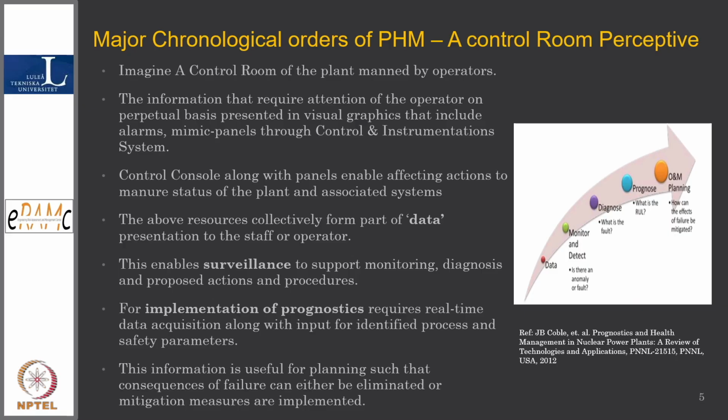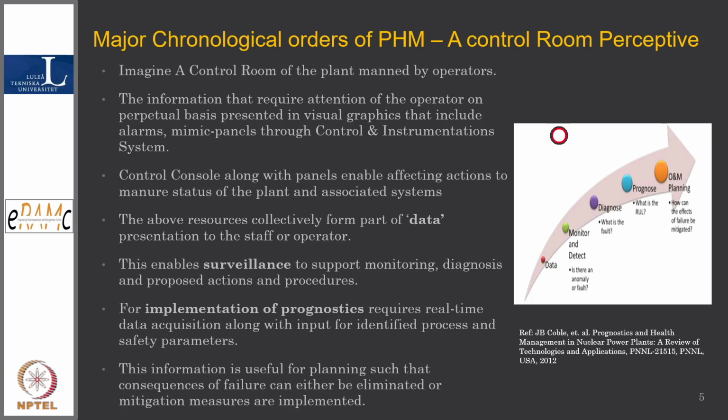Now, if you see the chronological order of PHM, or diagnostics and prognosis, that has been developed by J.B. Coble and others, I have referred to this figure from the literature. Being an ex-plant operation and maintenance person, I know it brings in the control room perspective. Because in the control room also we get data from various areas.